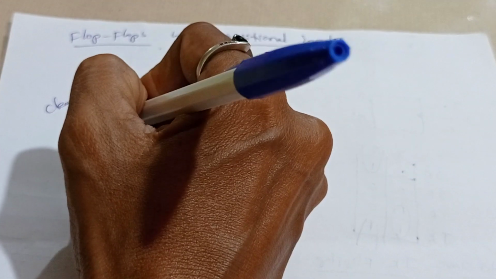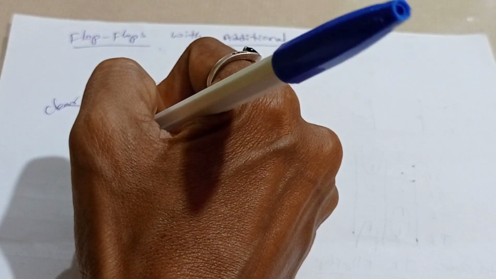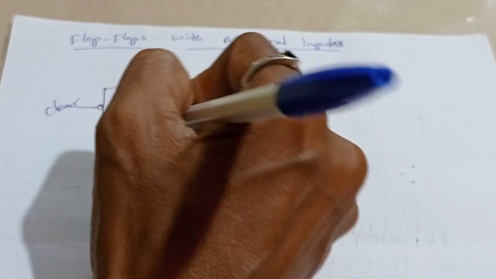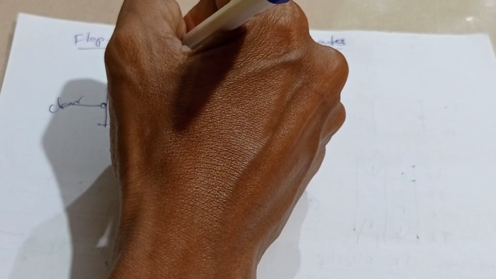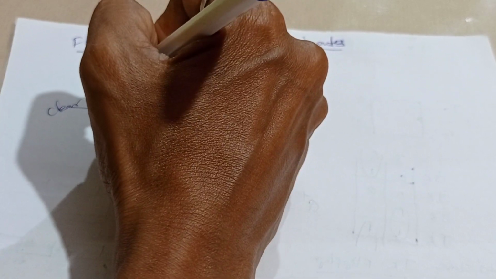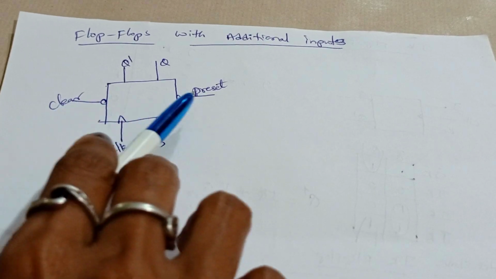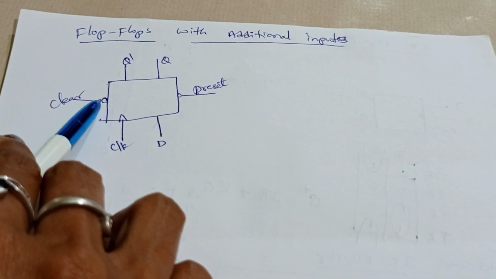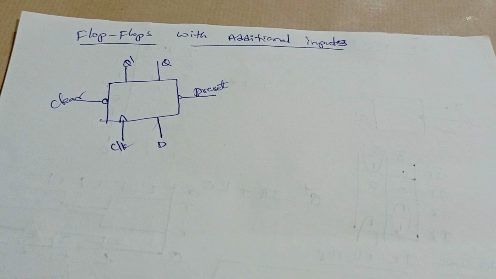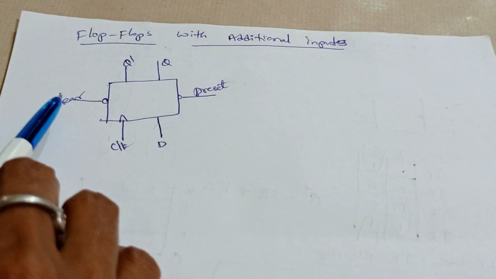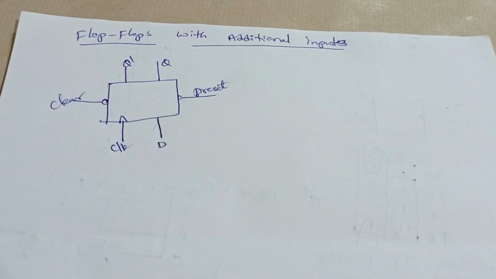Usually this consists of clock, D input, and Q, Q bar outputs, plus the additional inputs preset and clear. A small circle represents inversion of the input, which indicates logic 0 is required to clear or set the flip flop.